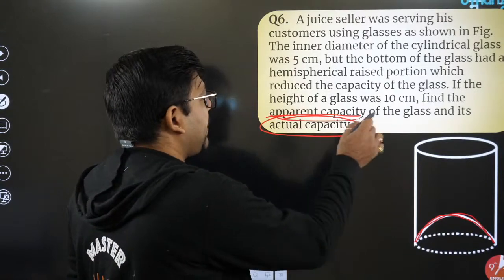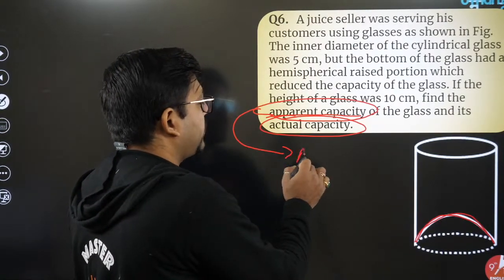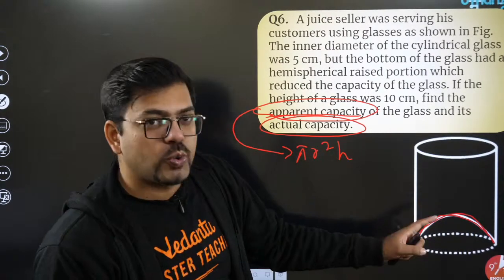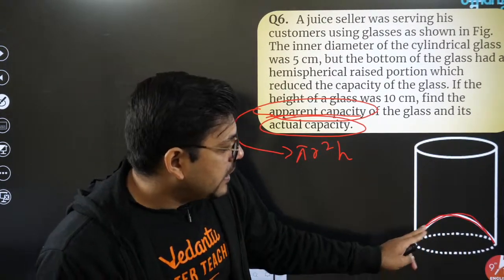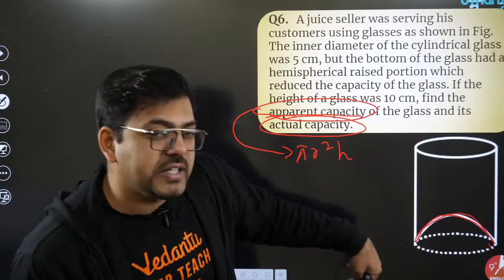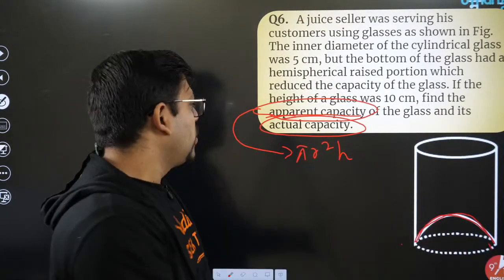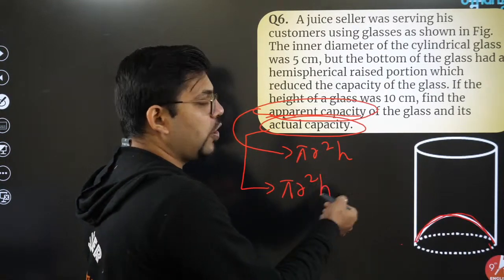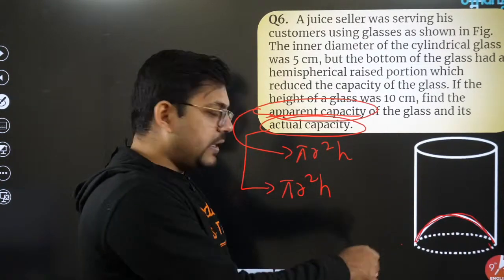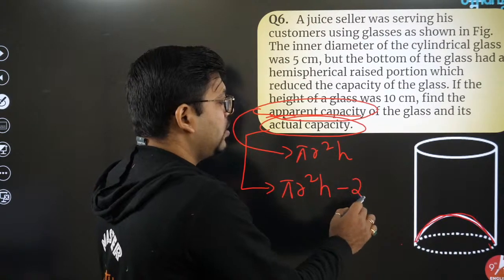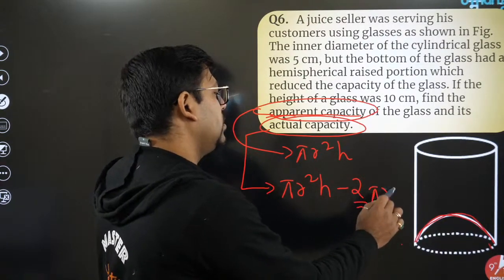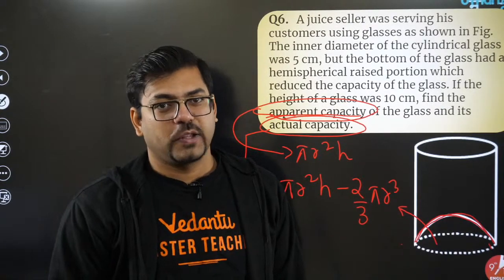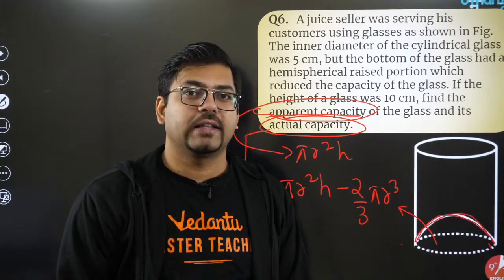So apparent capacity is going to be pi r square h, but in reality the volume of hemisphere will be reduced, isn't it? So in actual capacity you will do this: pi r square h is the volume of cylinder. From this volume of cylinder you will subtract 2 by 3 pi r cube, which is the volume of hemisphere. So you will just subtract it and hence you will get the answer.